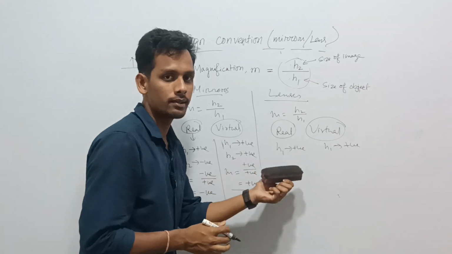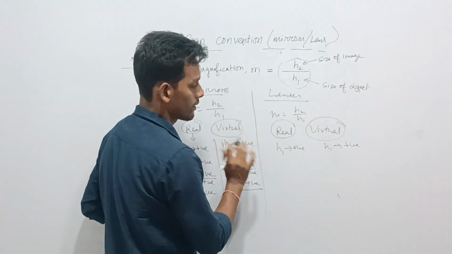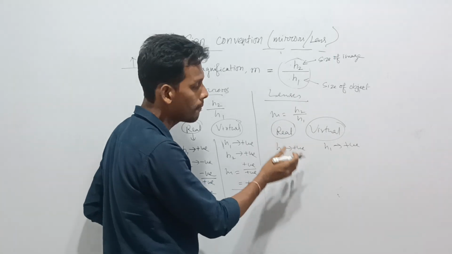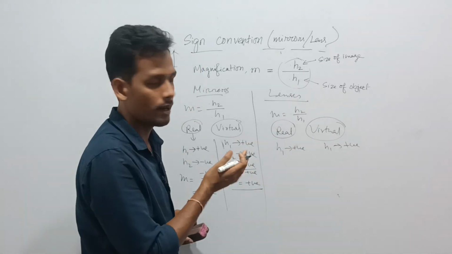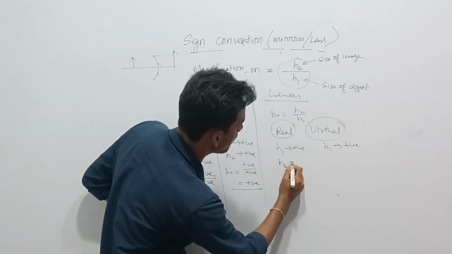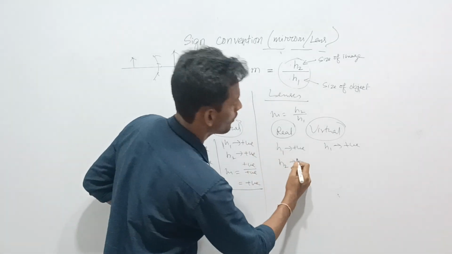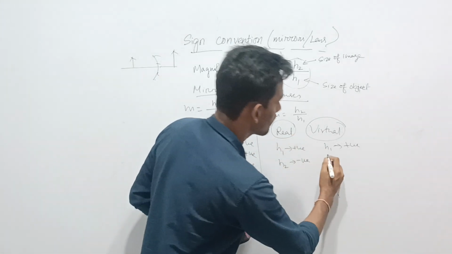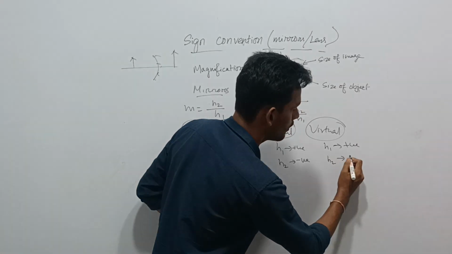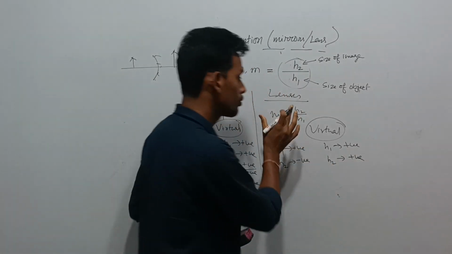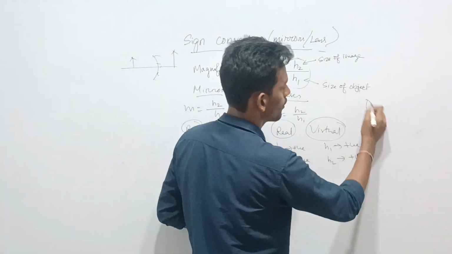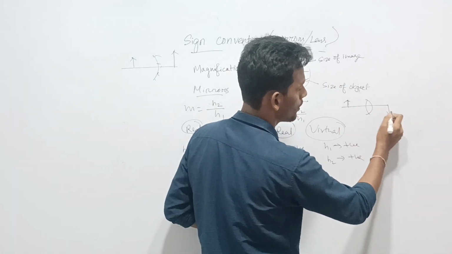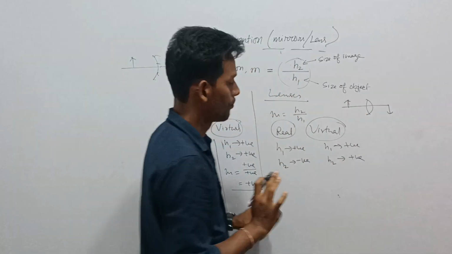Now coming to the lens. For lenses, you know, the object height is always positive. Why? It is always kept above the principal axis. The image height in the case of a real image is negative, and for a virtual image, the image height is always positive. So for a lens also, if it is a convex lens and the object is here, then the image will form here in the case of a real image.